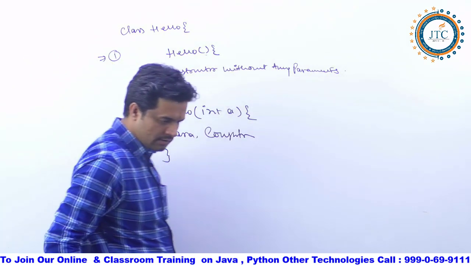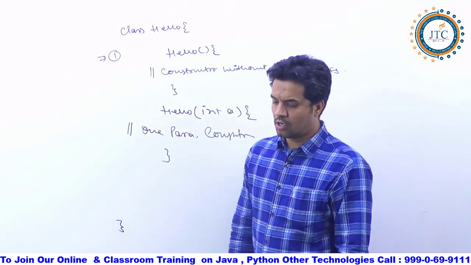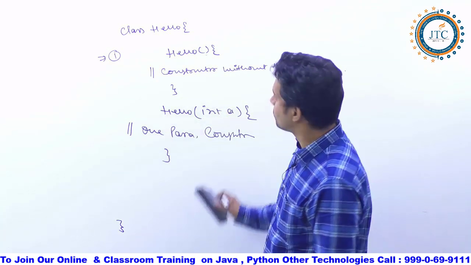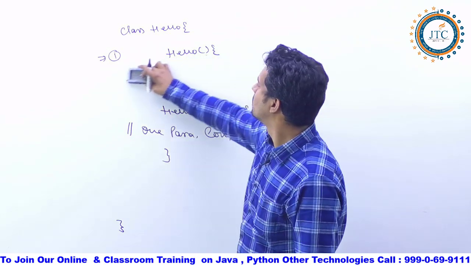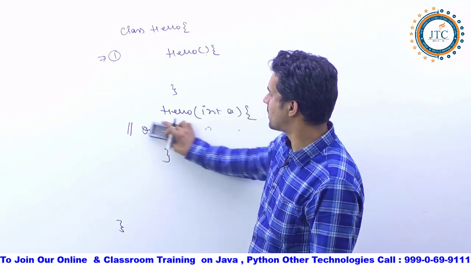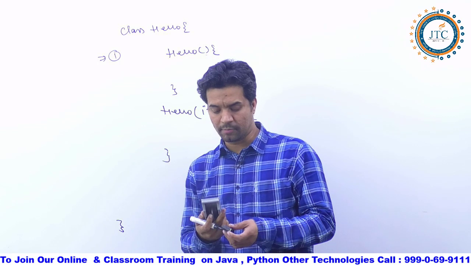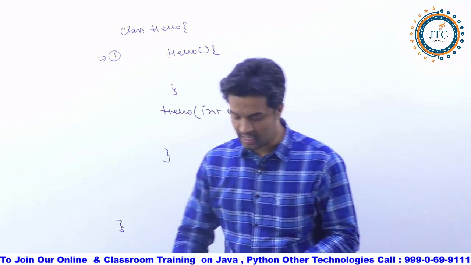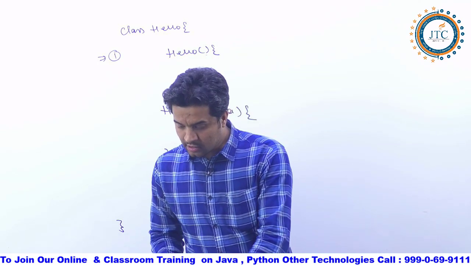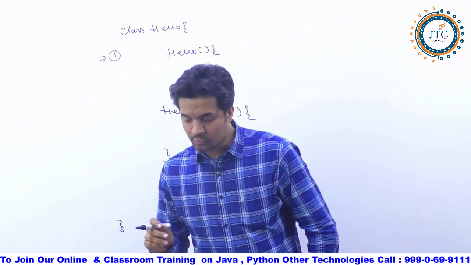My question is: out of these two types of constructors, the default constructor, that is the constructor without any parameter, and the parameterized constructor, the constructor with parameter, when exactly are they going to be processed?